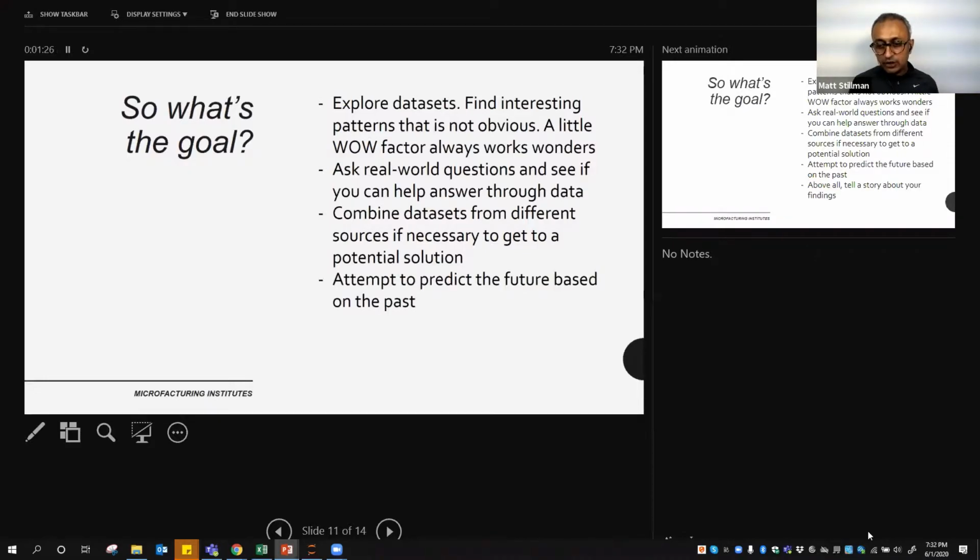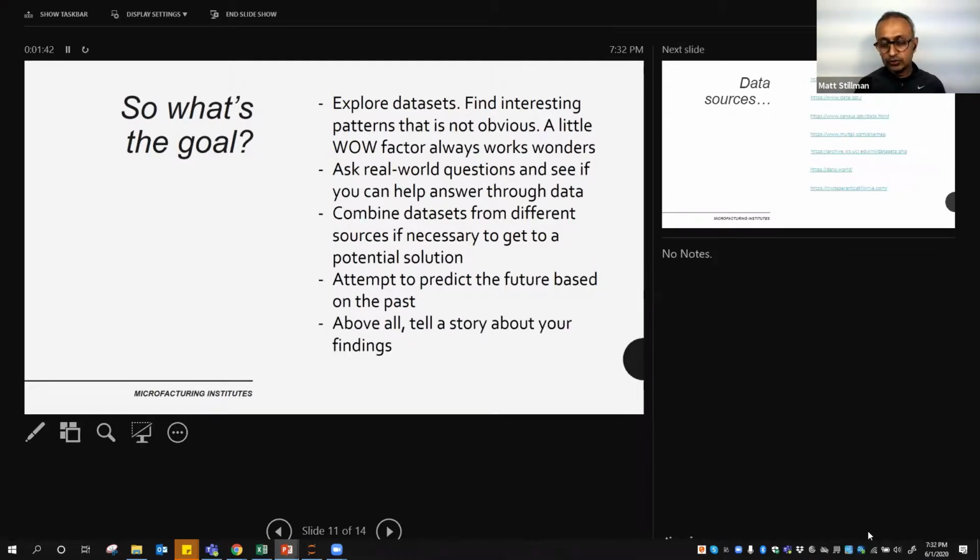And of course, attempting to predict the future based on the past would be ideal, but it's not a necessity. Okay, as long as you can use this format to tell a good story, that is going to be the most important thing, right?